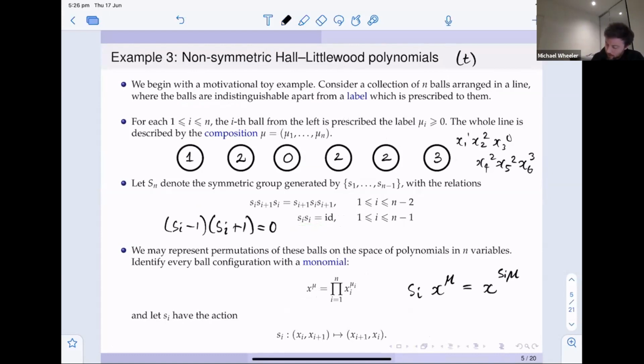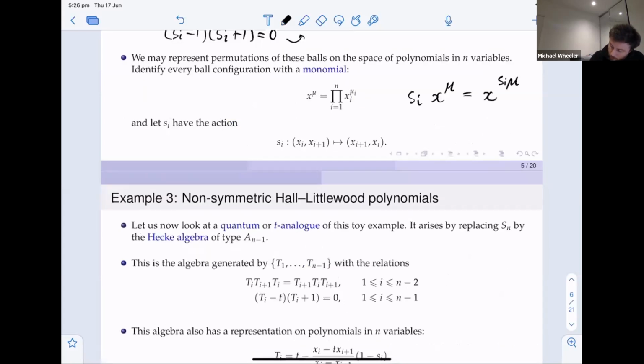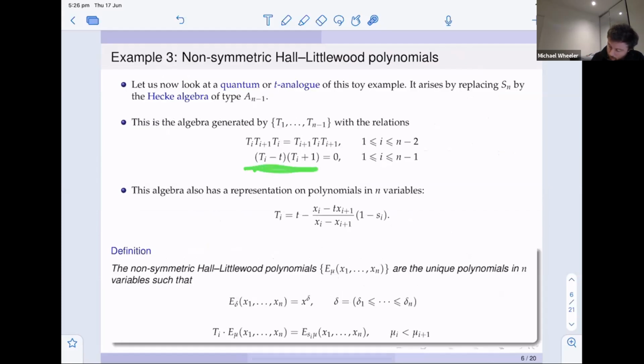It's another way of writing that relation. Okay, so I can take that relation now and I just t-deform it. So that means I'll just replace my minus 1 here by a t. Now if I do that, then I get the Hecke algebra. So that's precisely this relation here. Okay. So this little change ends up having some pretty non-trivial consequences.